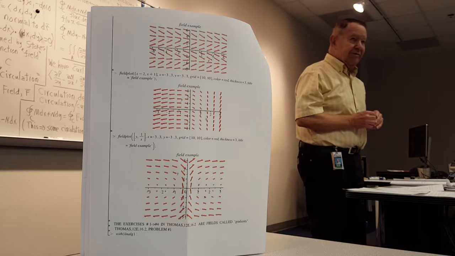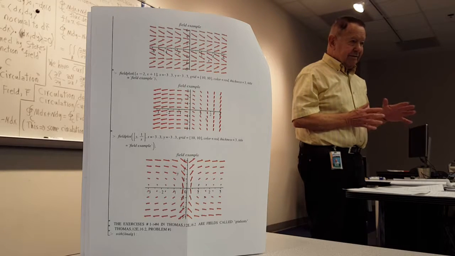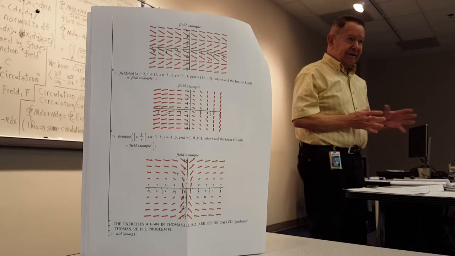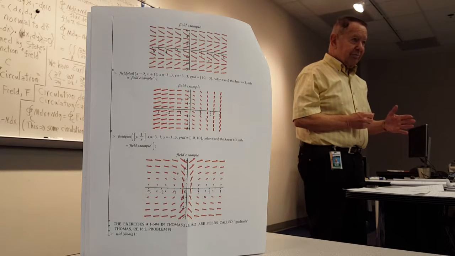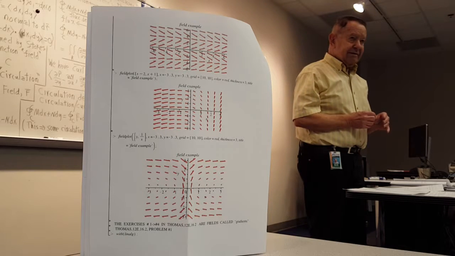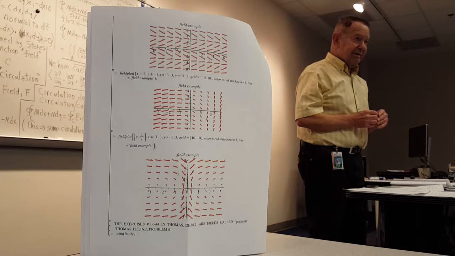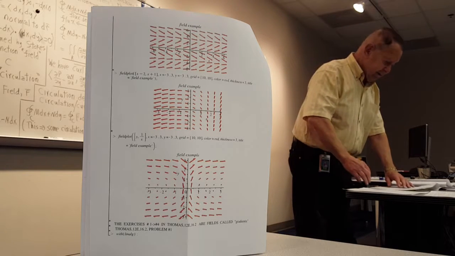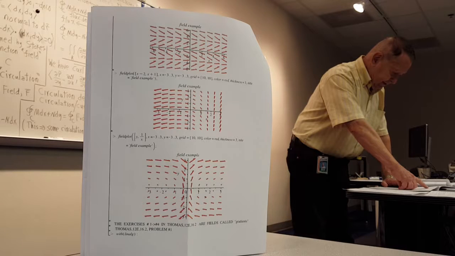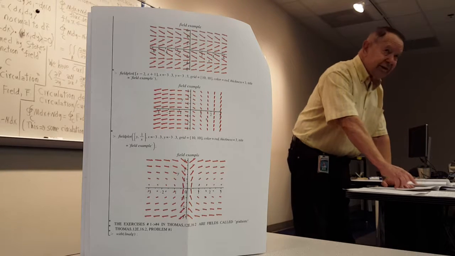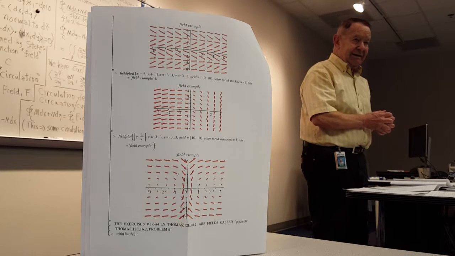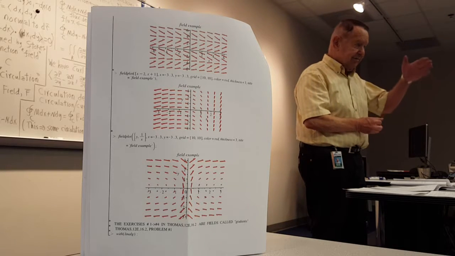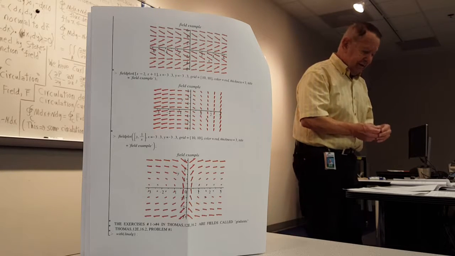Well, if you think of 3-dimensional space, R from some point would be the vector x comma y comma z, and then the magnitude would be the square root of r dot r, and so this is the kind of field that you have with an electric or a magnetic or gravitational potential, 1 over r type potential.